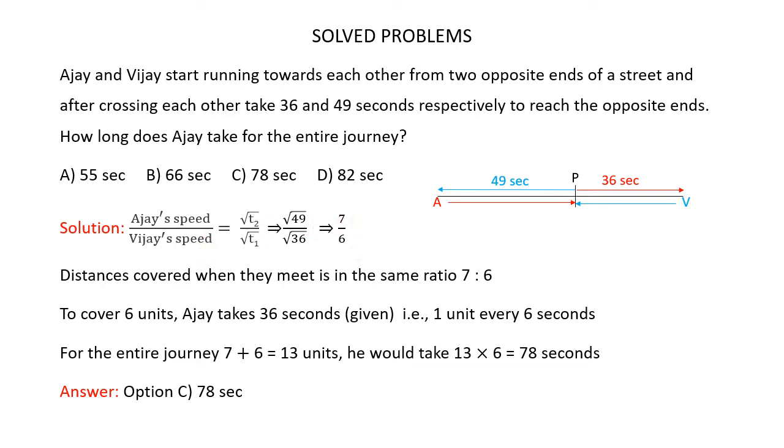Now we know that speed is directly proportional to distance. So here the ratio of Ajay's speed and Vijay's speed is 7 is to 6. So the distance covered till they meet is also in the same ratio, 7 is to 6. This means that Ajay has covered 7 units from the starting point till the meeting point, and he has covered 6 units from the meeting point to the other end of the street.